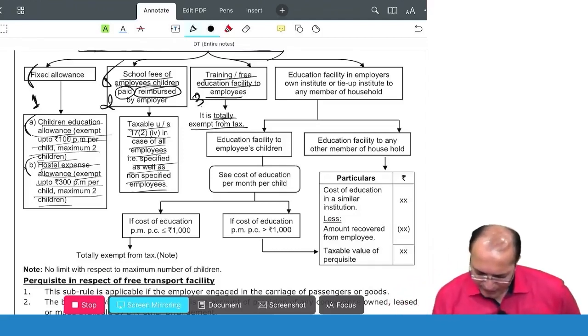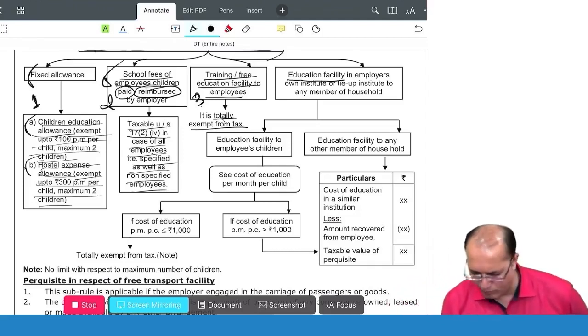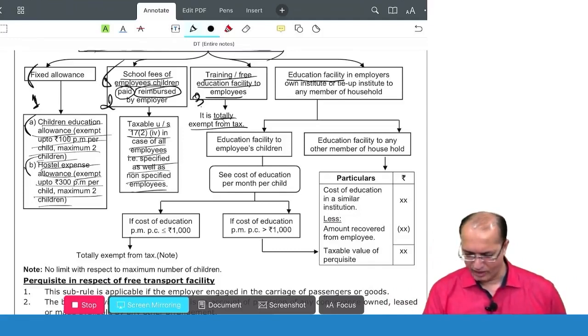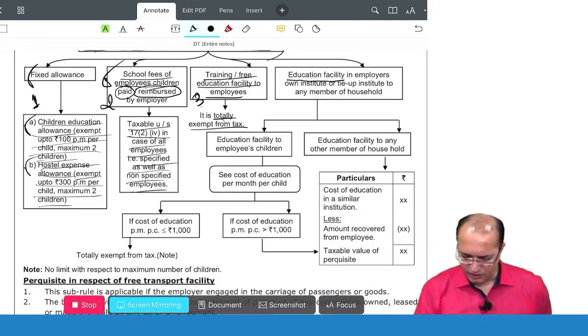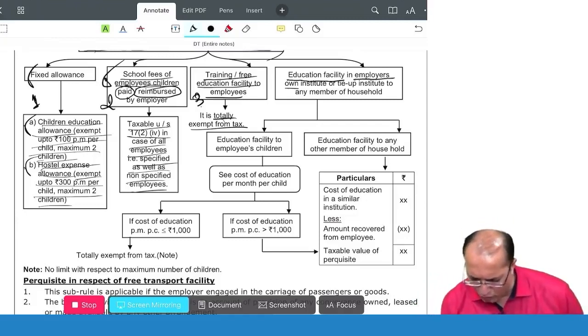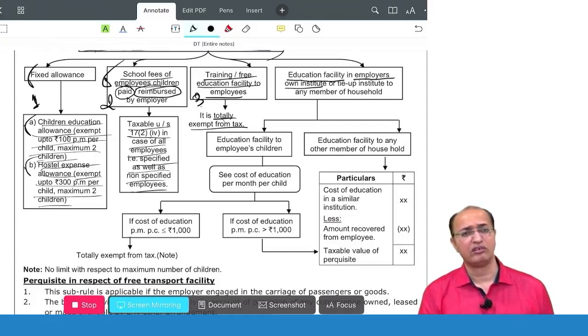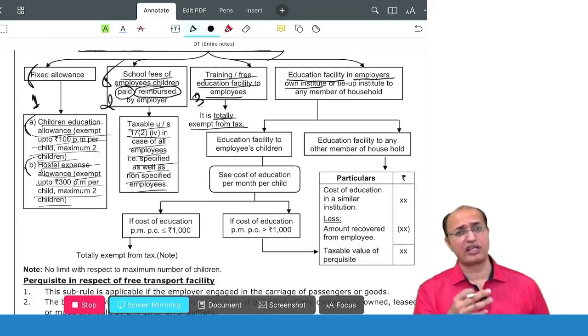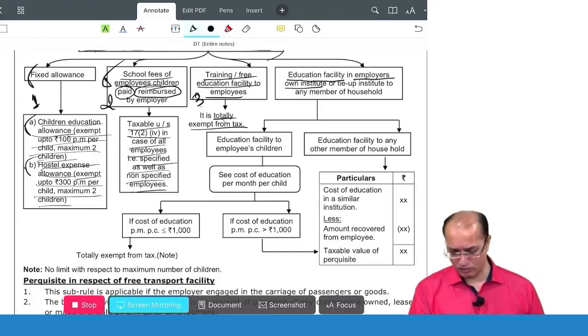Last part, education facility is provided. Where is this education facility provided? It is provided in the employer's own institute. In other words, the employer is owning an educational institute.